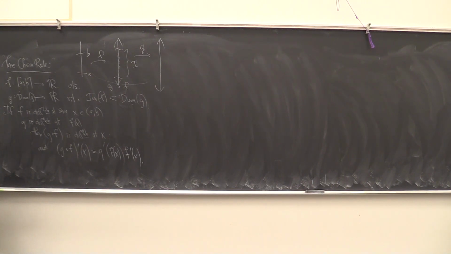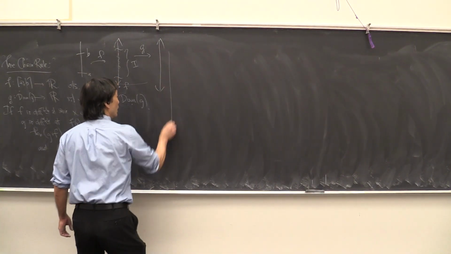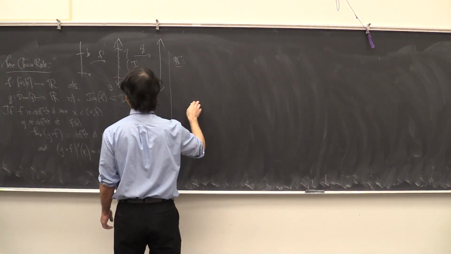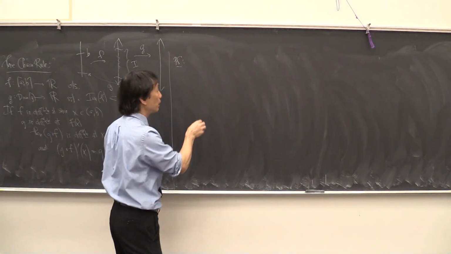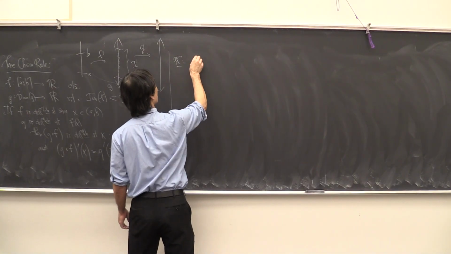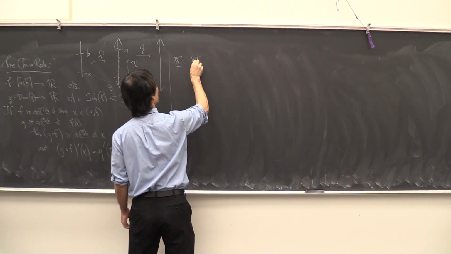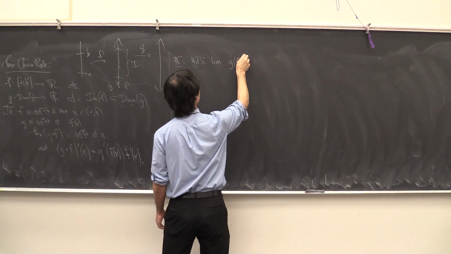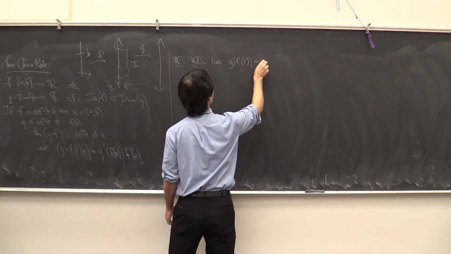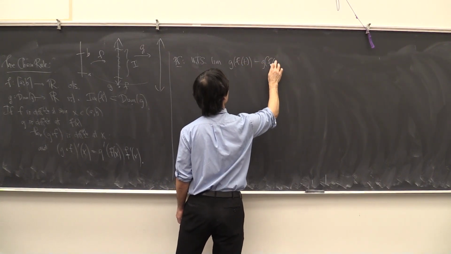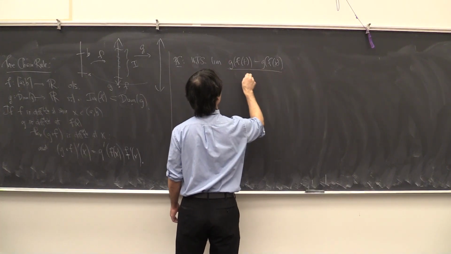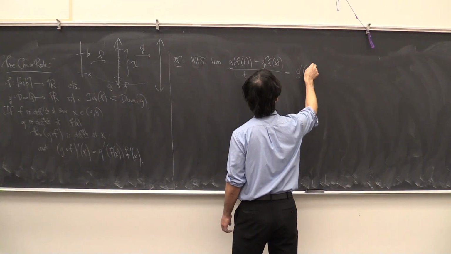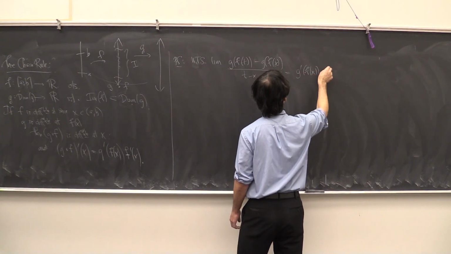I almost certainly have not seen the proof of it before. So the proof: we want to show that the limit of g of f of t minus g of f of x over t minus x equals g prime f of x, f prime x.